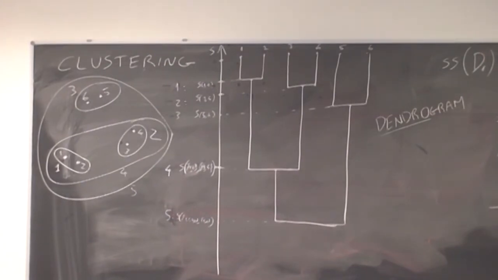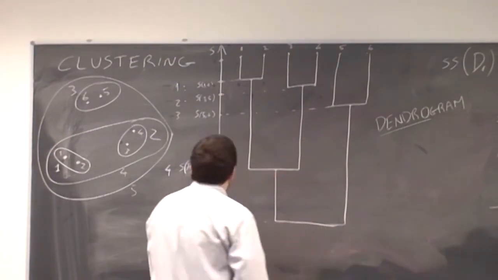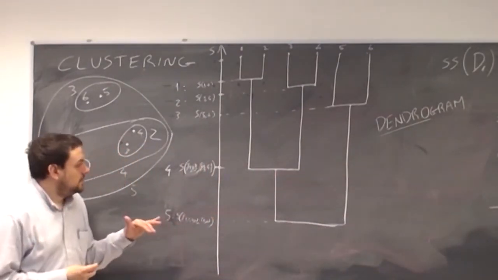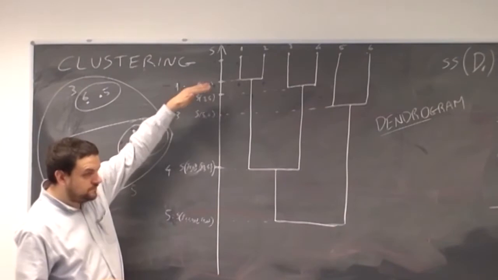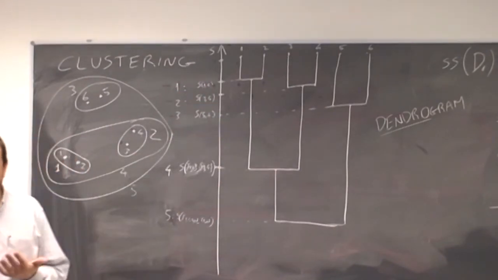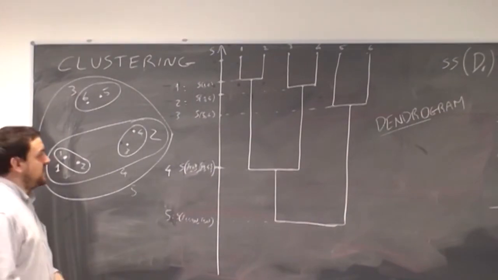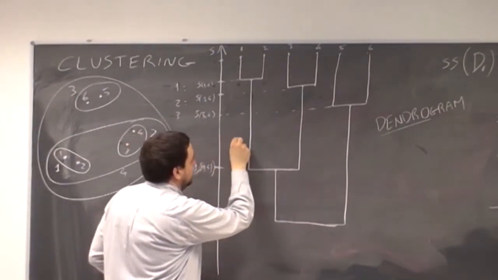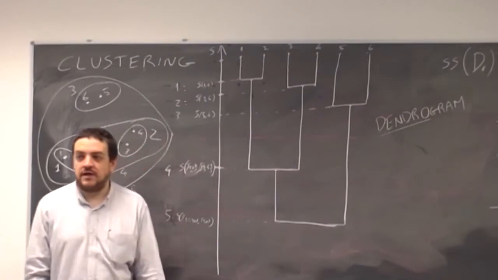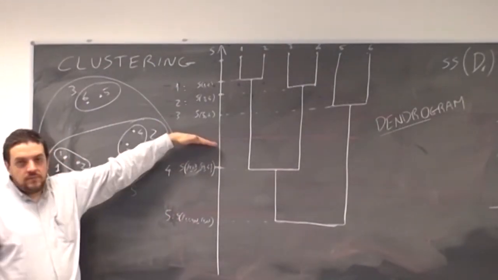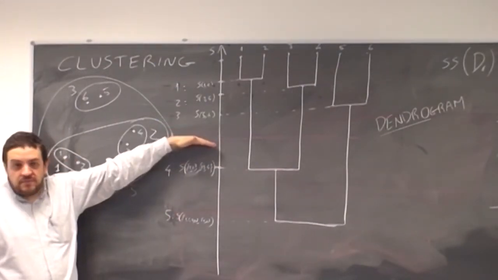I mean, you see, this diagram shows you all possible clusterings of your set by just taking a slice of the diagram at your preferred level of similarity.